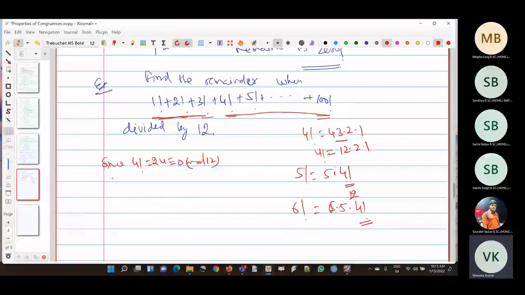Okay, and thus we are reducing it under modulo 12.